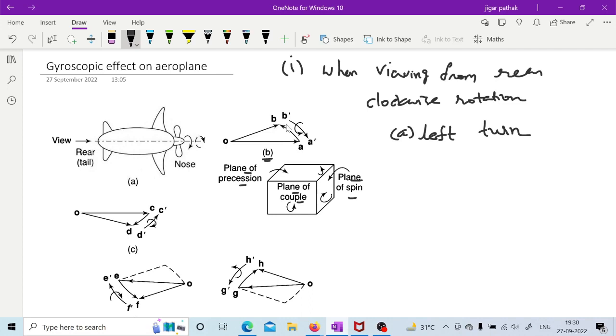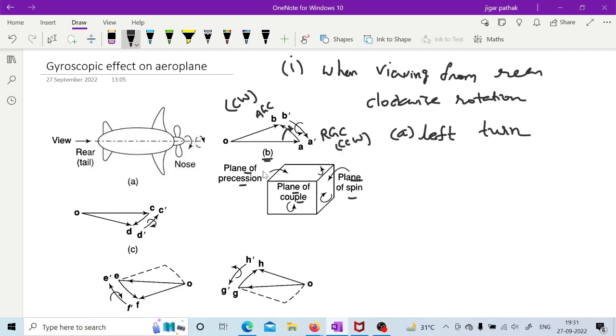A dash B dash is the reactive gyroscopic couple. Since the active couple is clockwise in this case, the reactive couple must be counterclockwise.